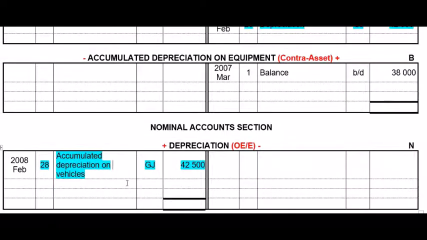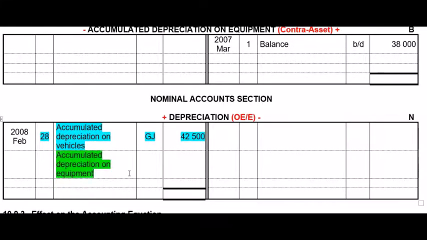Then you do the depreciation for equipment. The contra account will be accumulated depreciation on equipment. The reason why we split them in the ledger is because they've got two separate contra accounts. General journal, 24,300, which brings our total depreciation to 66,800.